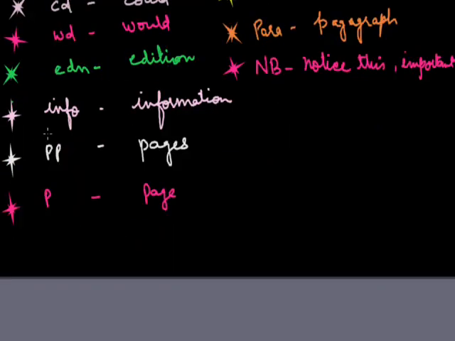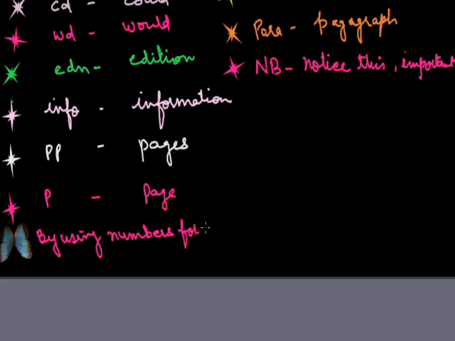One more thing: by using numbers or figures we can abbreviate things also, for example 6 m, 70 kg, etc.